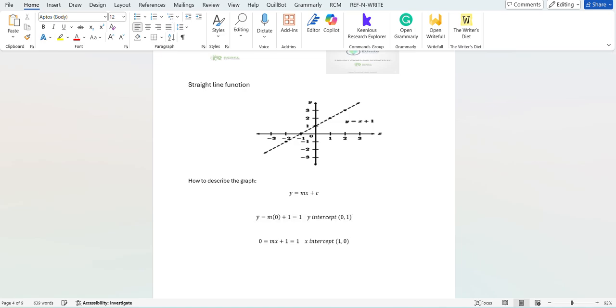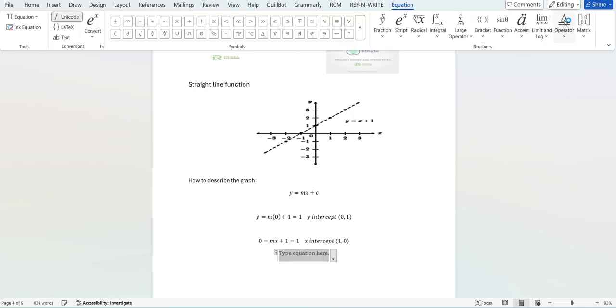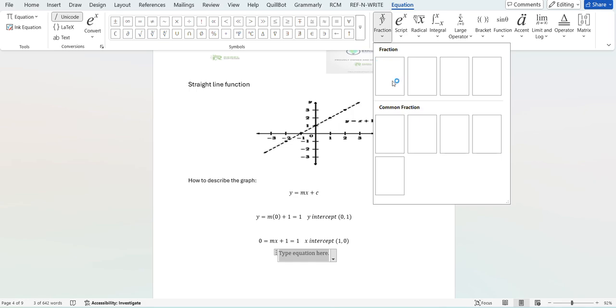Now let me prove that our gradient is 1. For the gradient we have a formula, whereby you can calculate the average rate of change between 2 points. So let's use that formula. It will be the last part for linear, so be patient.